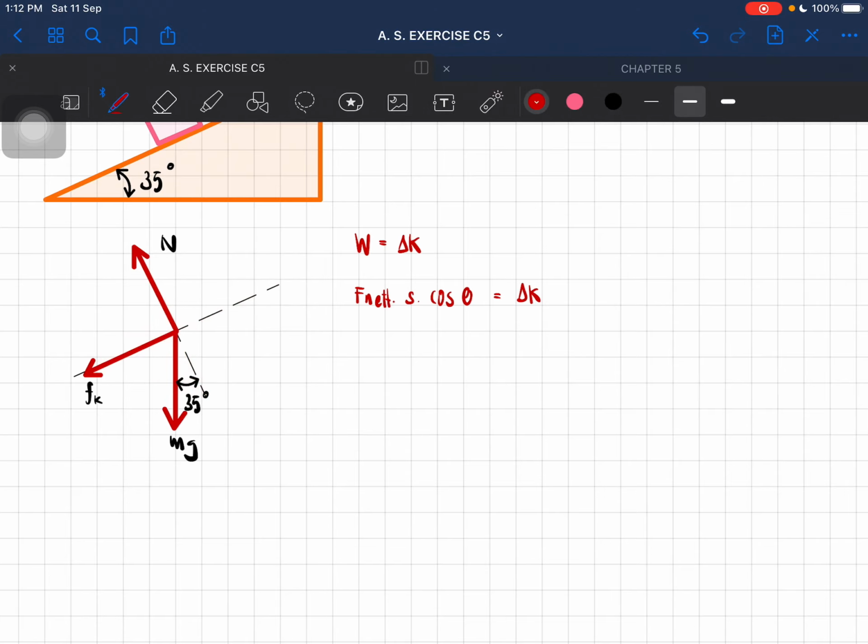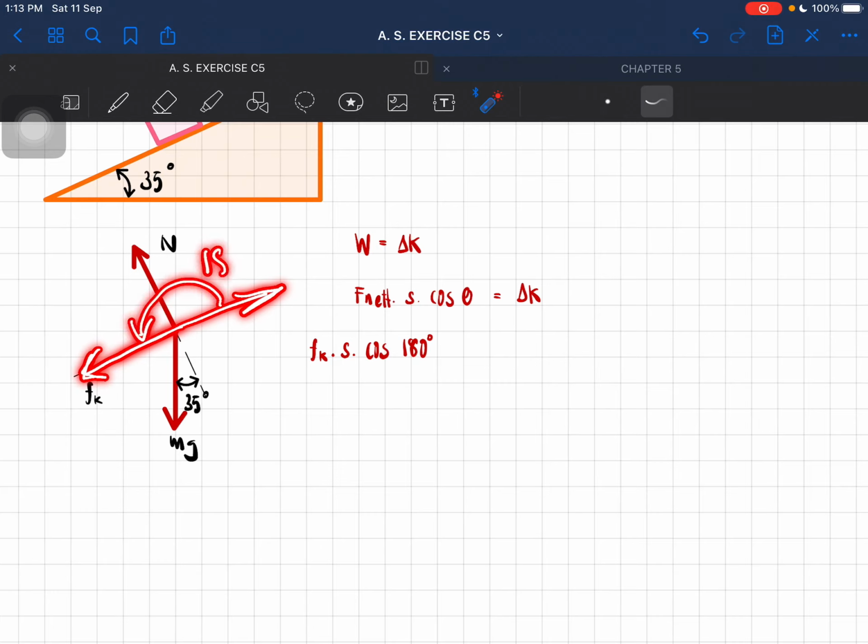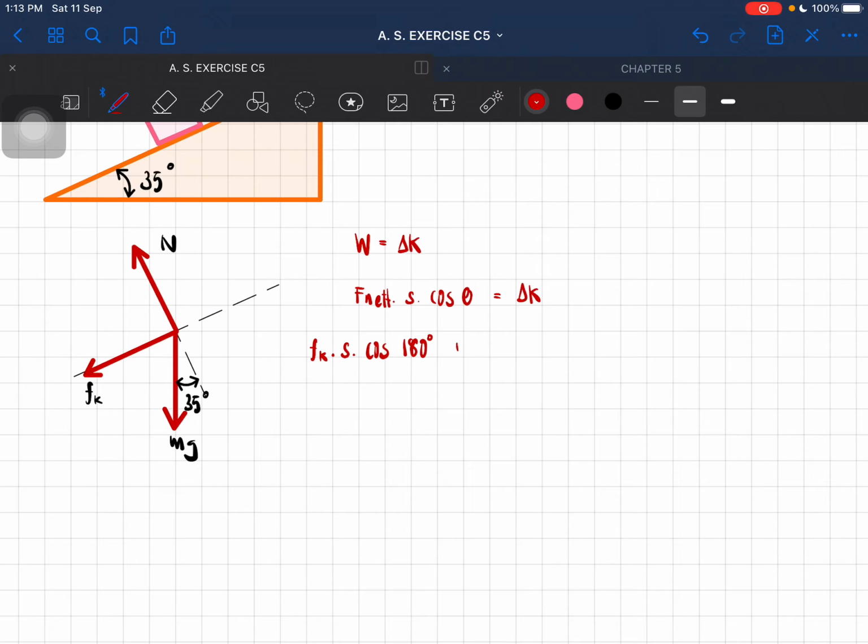So let's just do this. So first it is for friction, so Fk s cos 180 degrees. Okay, why 180 degrees? Because our displacement is going up the plane while the friction is going against the motion, so this is 180 degrees. Okay, right, then we are going to look at mg.